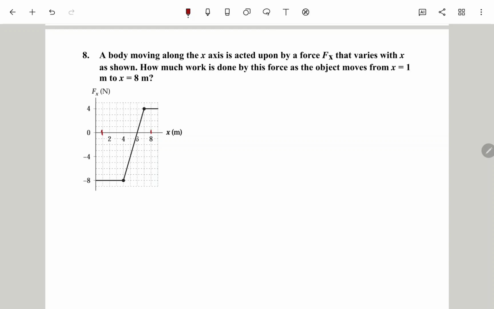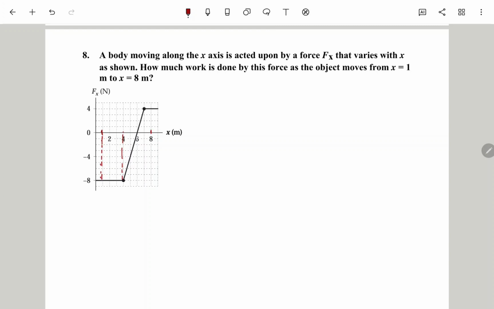To find the work done, you just chop this curve into known shapes. And remember, work done by a force is the area beneath that curve.